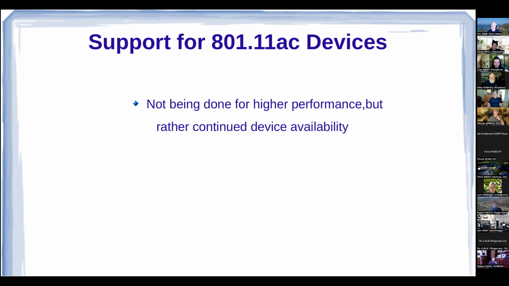OpenWRT is supporting all of those 802.11 AC devices. And if you didn't know, OpenWRT is what AREDN software is derived from. And they support it just fine, but only on 20 megahertz wide devices. The requirement for 10 and 5 megahertz wide channels isn't part of their requirement.